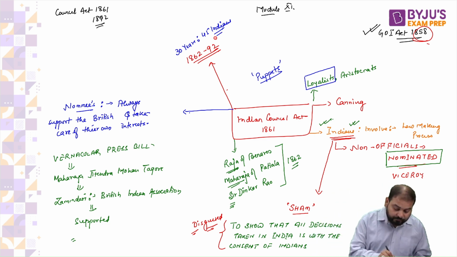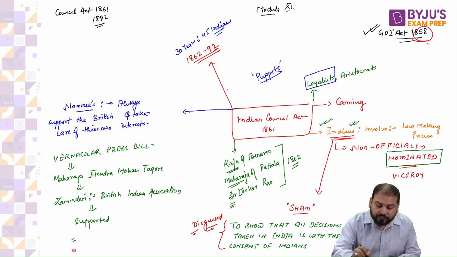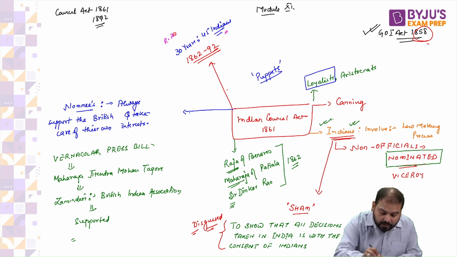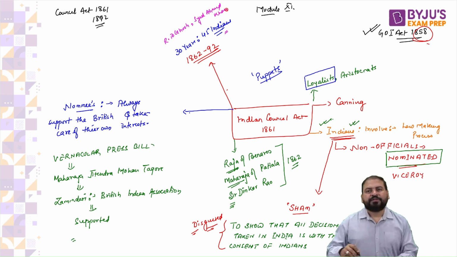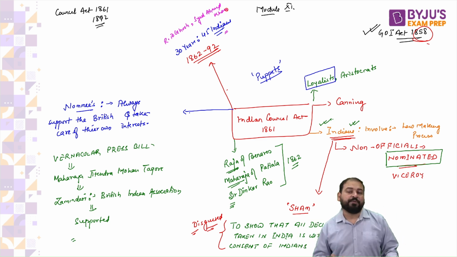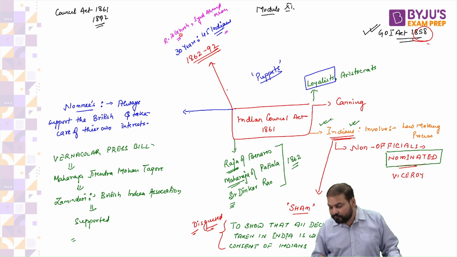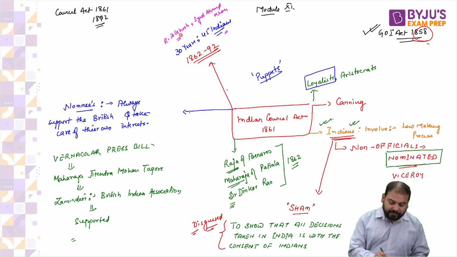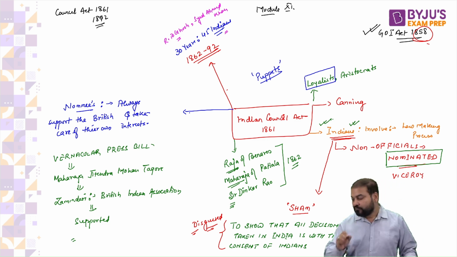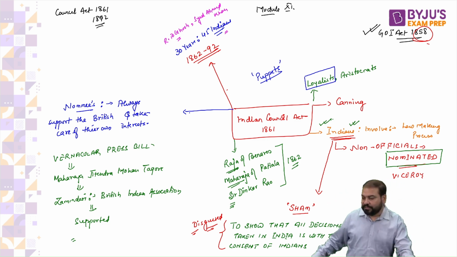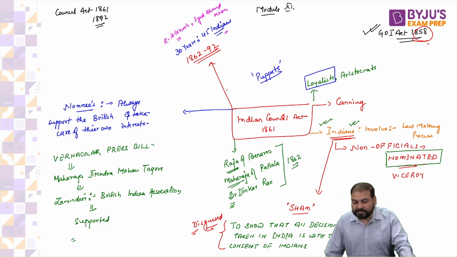And Bipin Chandra writes, out of these 45 Indians, few like Rash Behari Ghosh and Syed Ahmad Khan might have worked for the betterment of their own people, but mostly they were not good enough. Everyone, am I clear with Indian Council Act 1861? Zero questions from this topic till this day, but then it could be.